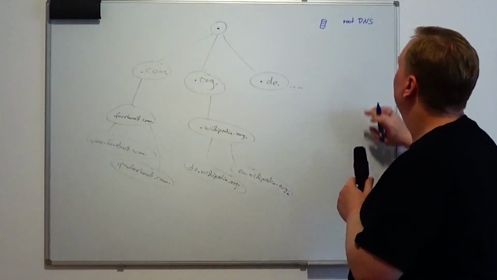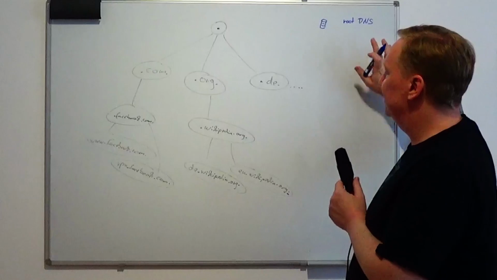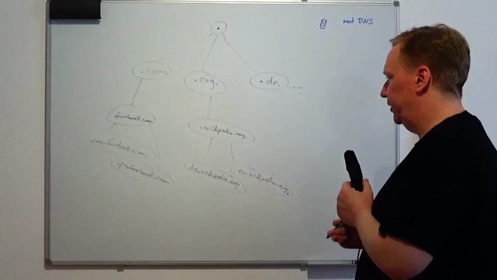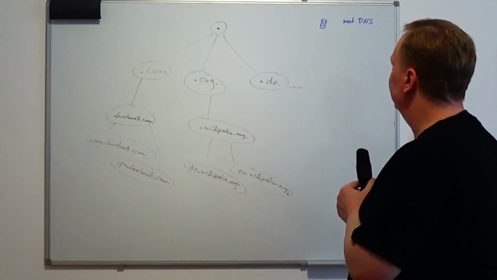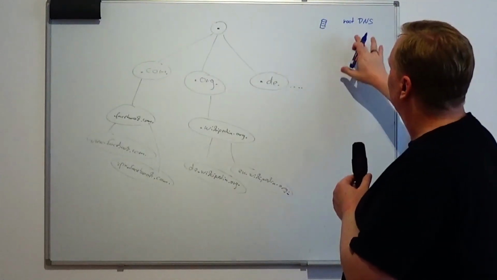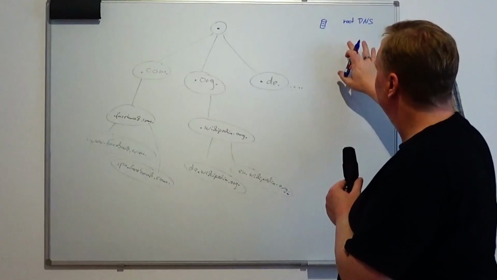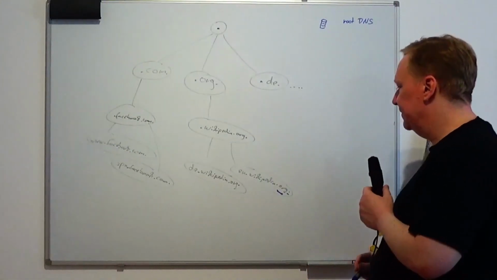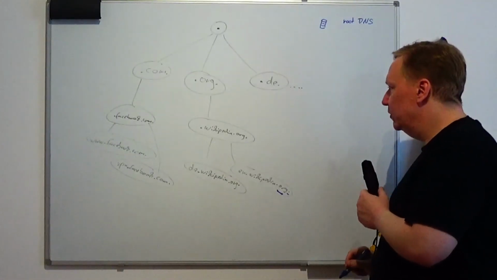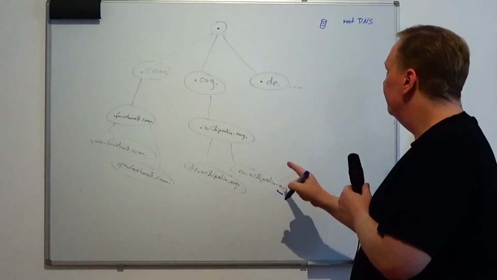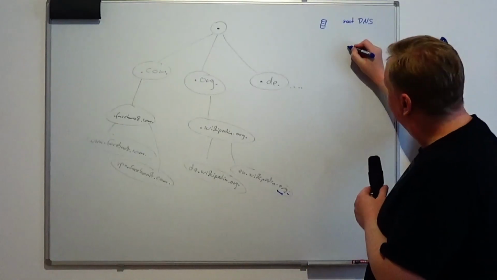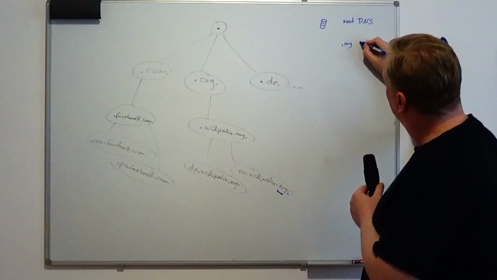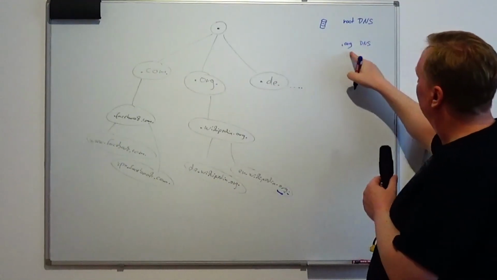Okay, but yeah, the root DNS server doesn't have all these addresses. Okay, it would be too much and too much traffic and stuff like that, and that's not what the root DNS is for. Okay, the root DNS will just look at the end of the address and say, well, I don't know where wikipedia.org is, but I know a DNS server for .org, for the .org zone.